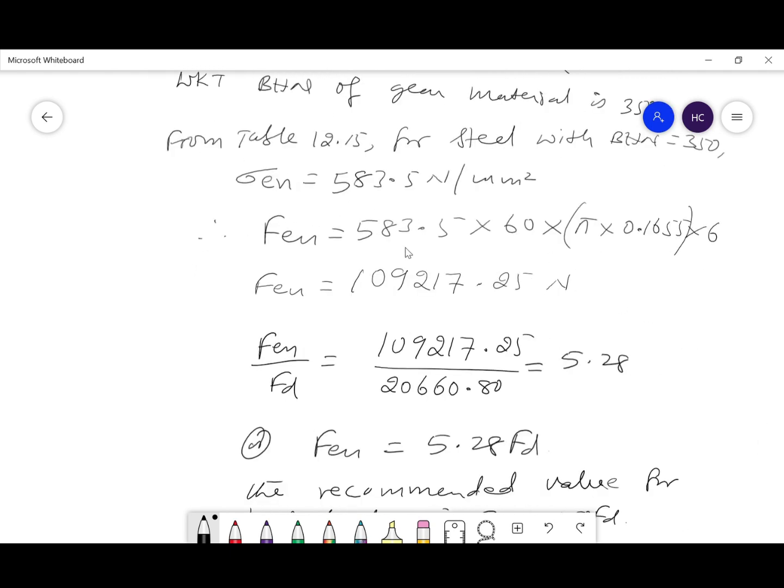Now substituting these values for FEN, we get FEN as 1,09,217.25 Newton. The ratio FEN by FD gives us 5.28, or FEN is equal to 5.28 times FD.